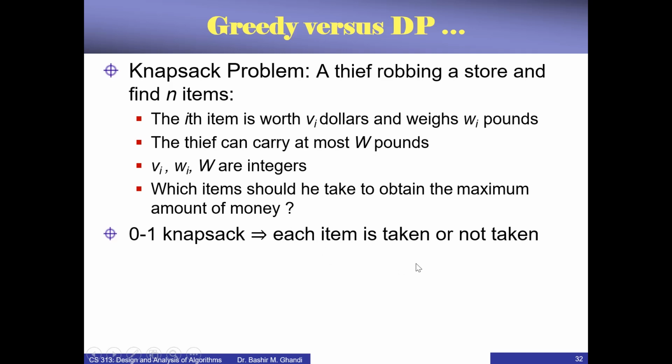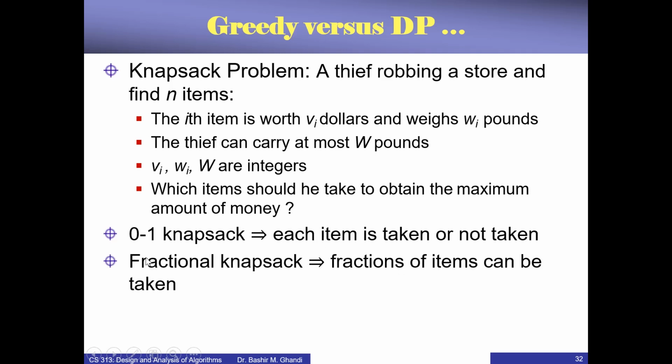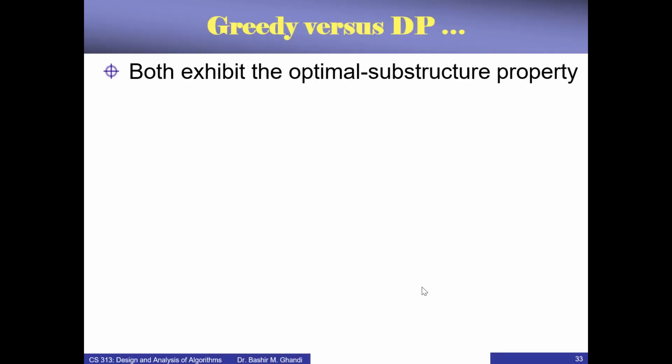On the other hand, the other version is called the fractional knapsack. Here, fractions of items can be taken. Now we're going to try and solve both of them and see whether we can apply a greedy approach to both of them. One of them can be solved with greedy and the other cannot.